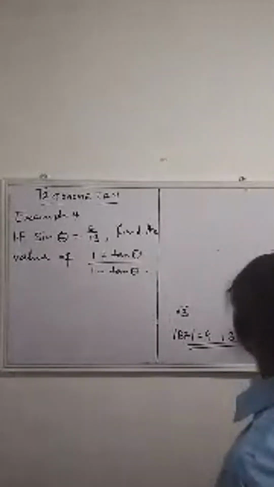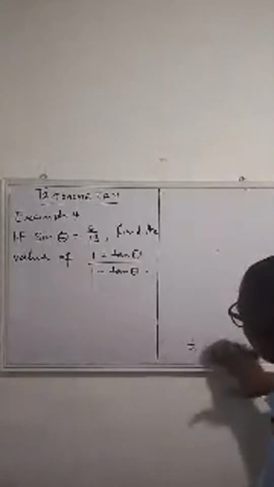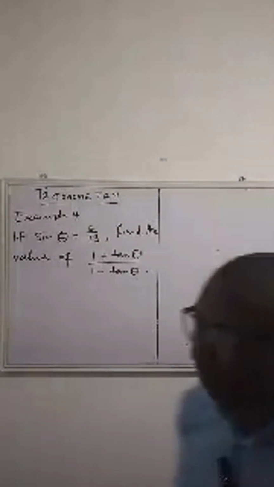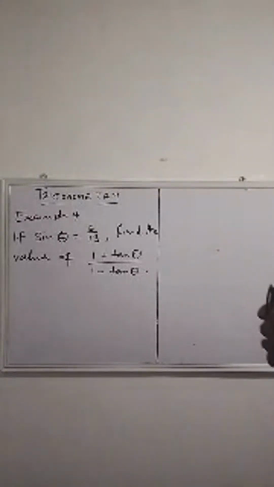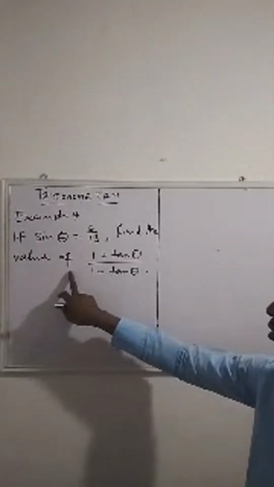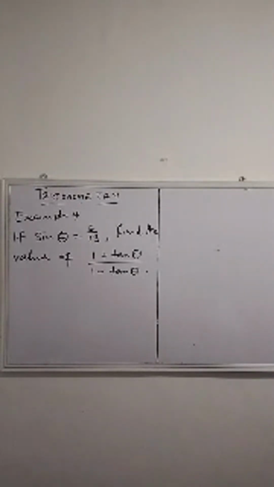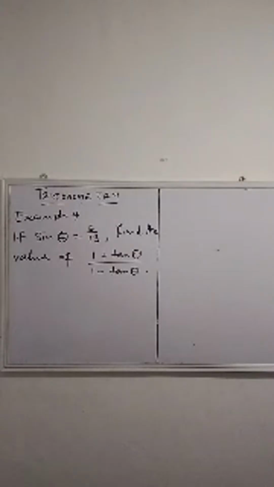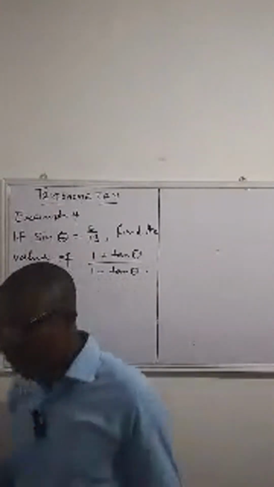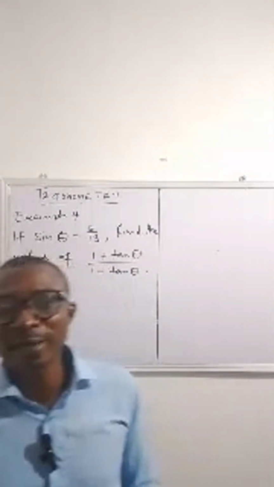So how do we solve this type of problem? Now, if sine theta equals 5 over 13, find the value of 1 plus tan theta all over 1 minus tan theta. Okay, so how do we solve this type of problem? The first thing you're going to do here is draw your right angle triangle.